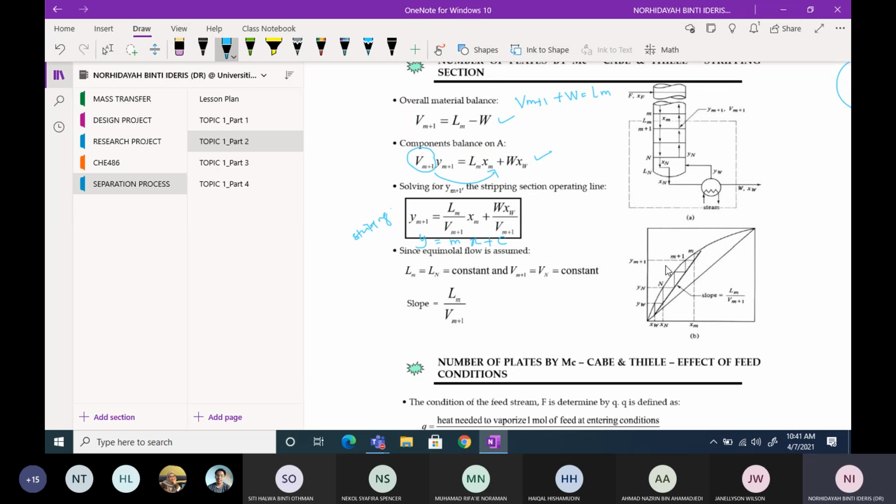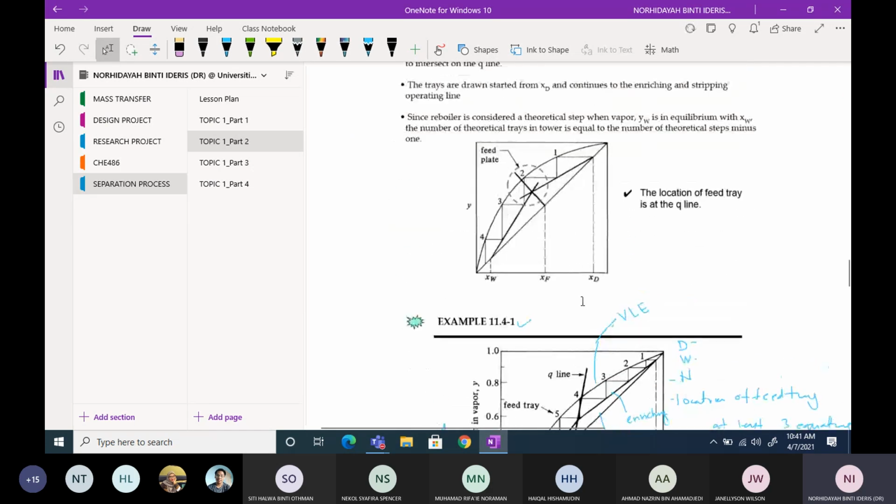If you plot this stripping line on the vapor liquid equilibrium, usually if your calculation is right, your stripping line will be located at the bottom part of the graph.